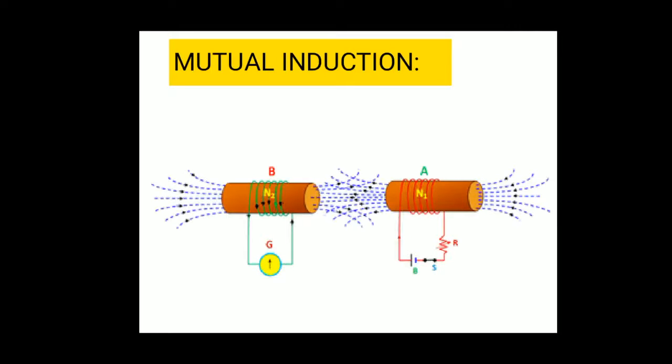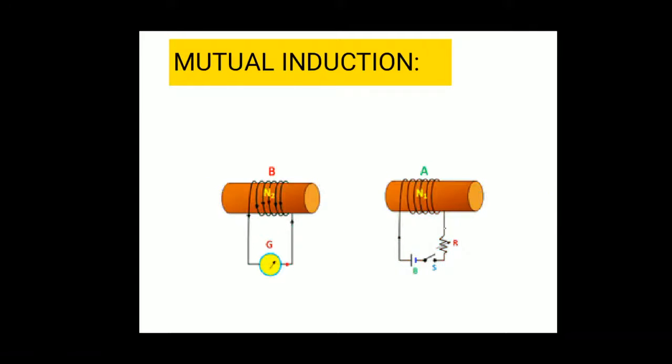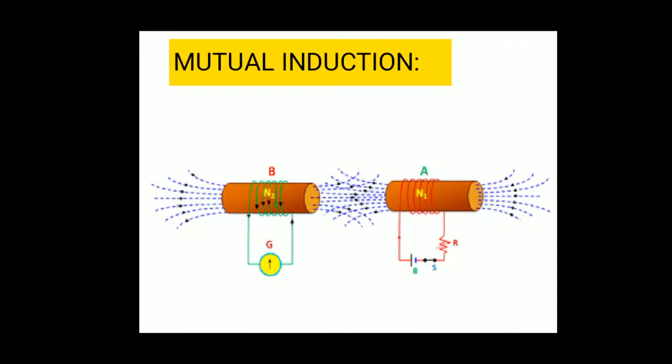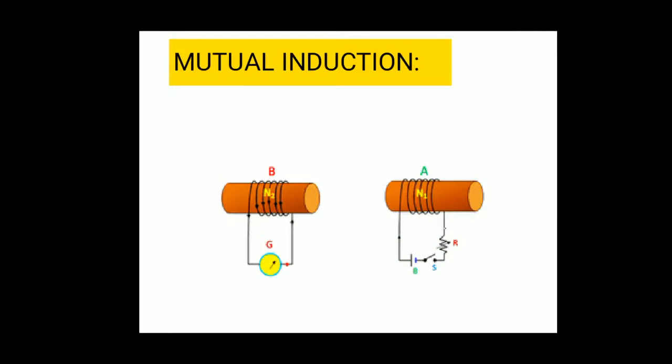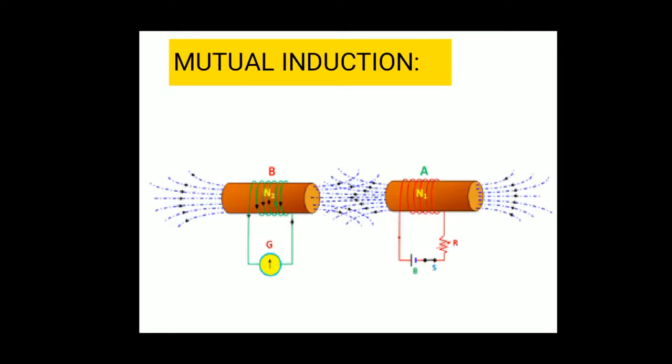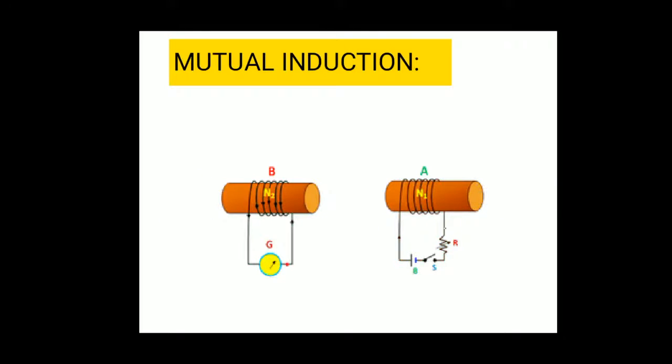As the current in the coil A increases, the magnetic flux linked with the secondary coil, that is the coil B, also increases. Therefore, according to electromagnetic induction, whenever the magnetic flux linked with a coil changes, an EMF is induced in the coil.